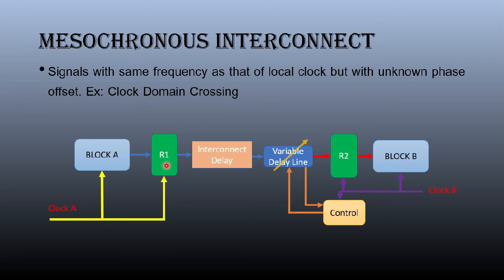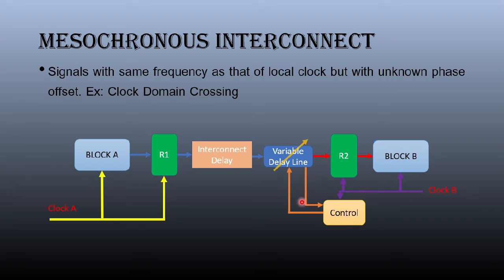There might be some mechanism to eliminate that phase difference always. That is achieved by this variable delay line, and there is a control. It takes the input from this signal which is coming from R1, after that interconnect delay, and it also takes the clock B input.